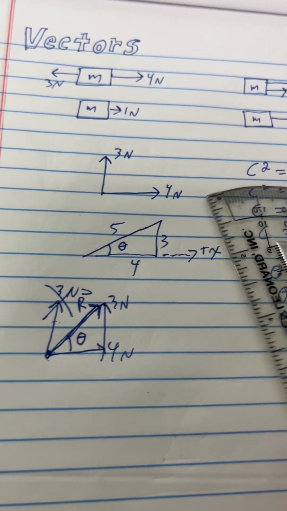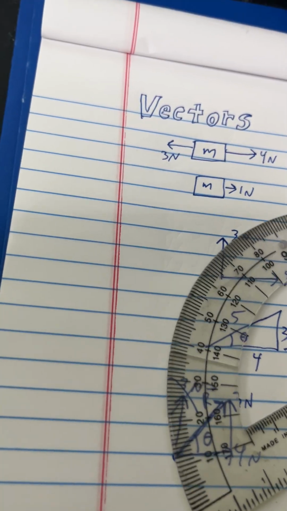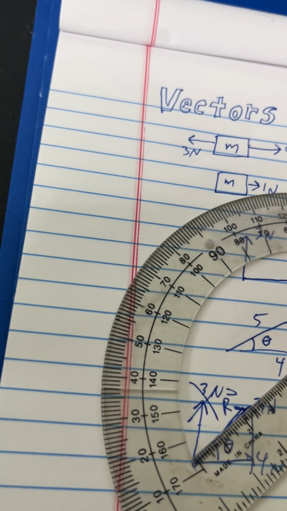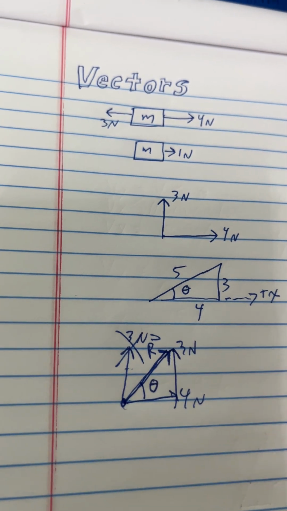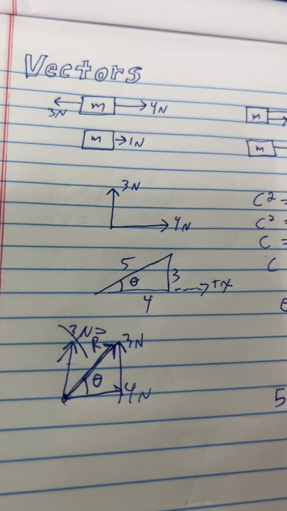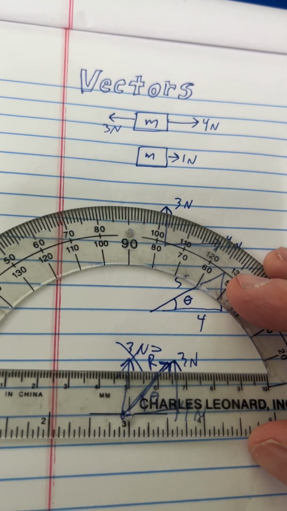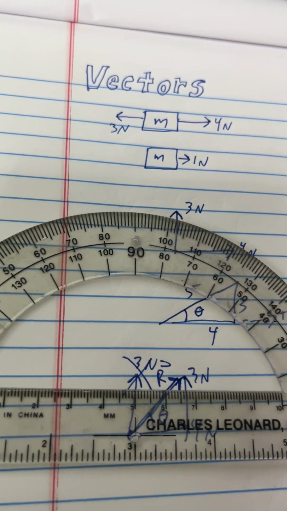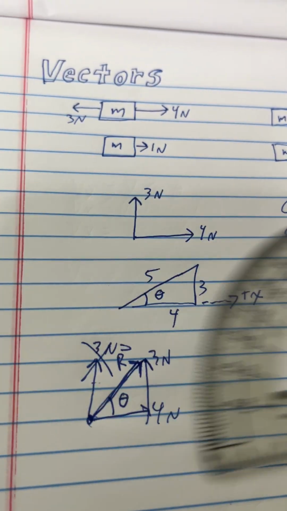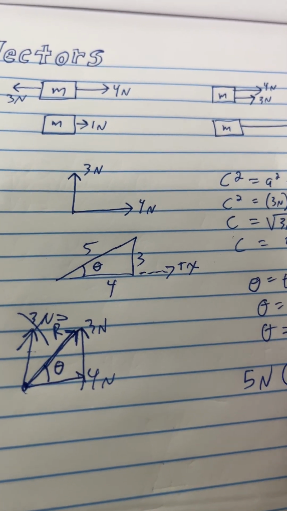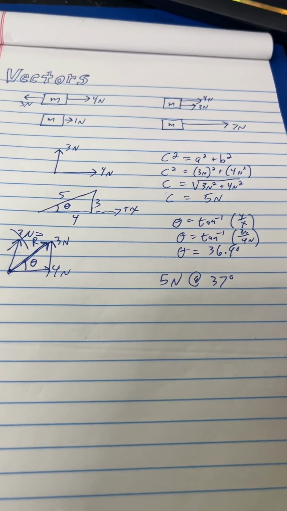So I get my scale, and then I can measure my hypotenuse, and it should come out again using these same numbers to be 5 newtons. And then I would take my protractor and I would extend the line and I would measure the angle, and it would come out to be 5 newtons at about 37 degrees.